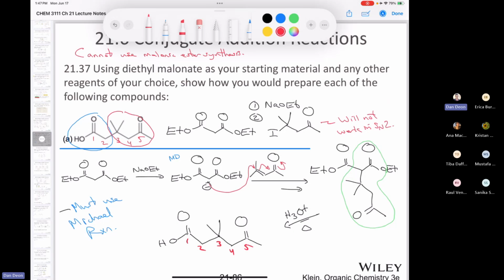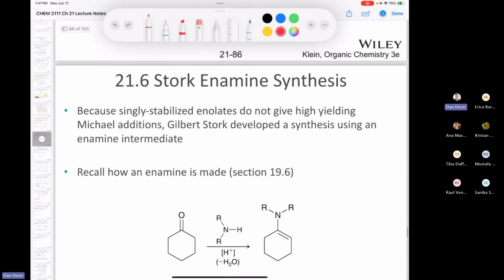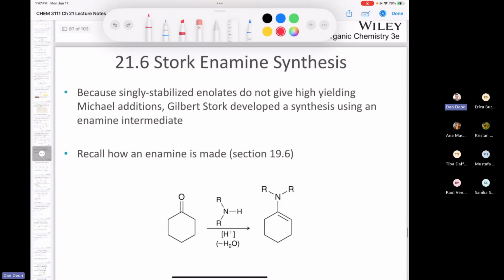Okay, but you probably noticed that you always have to have some kind of stabilized enolate to do this reaction, and so that leaves out compounds like, let's say you wanted to use cyclohexanone. Let's say you use cyclohexanone, and then you wanted to treat this with sodium methoxide.